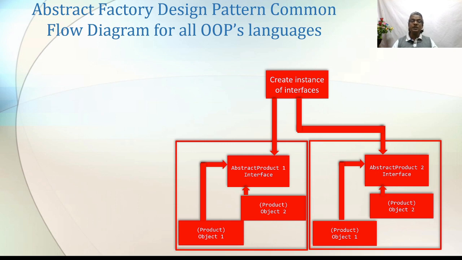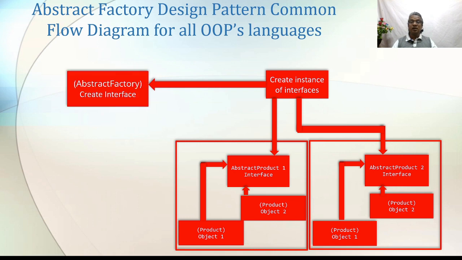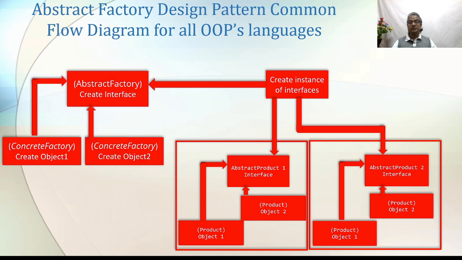Then, what requirements are needed to start this project? Next, I'm creating the abstract factory interface. In general, we have to create an abstract factory interface, any interface. Then we have to create concrete classes, depending on our requirement.